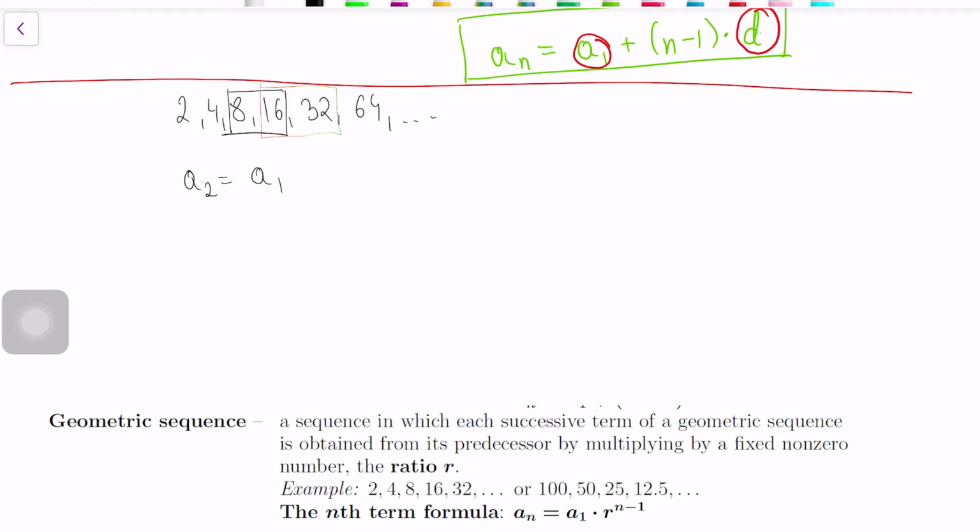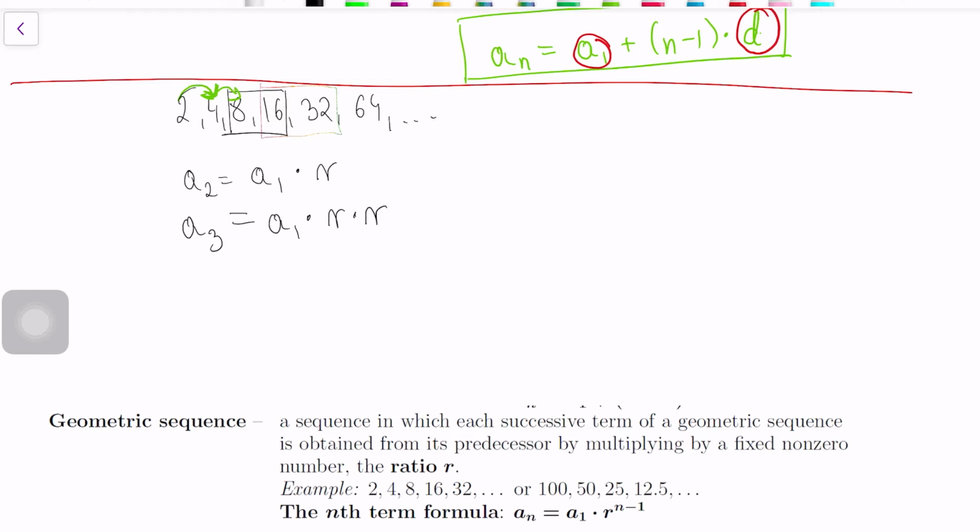And similarly you could find out how to get to the second term: you have to multiply A1 by the ratio. So to get to 4, you just have to multiply the first term by this ratio, in this case 2, right? Now, to get to the third term, in this case 8, you have to multiply A1 twice by the ratio.